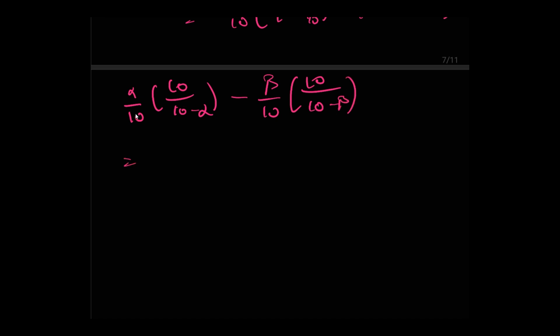That equals (alpha by (10 minus alpha) minus beta by (10 minus beta)) whole into 1 by (alpha minus beta).